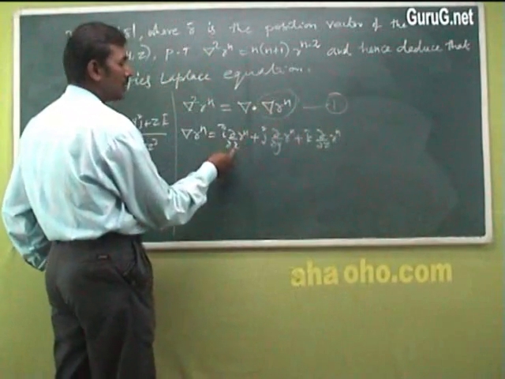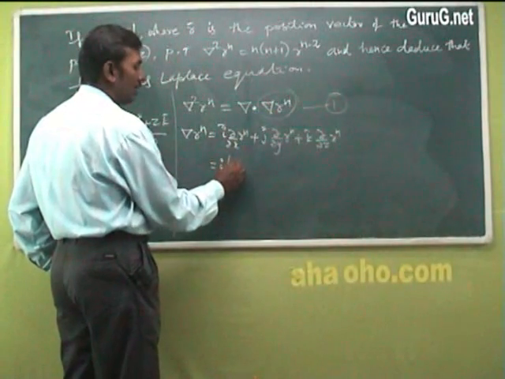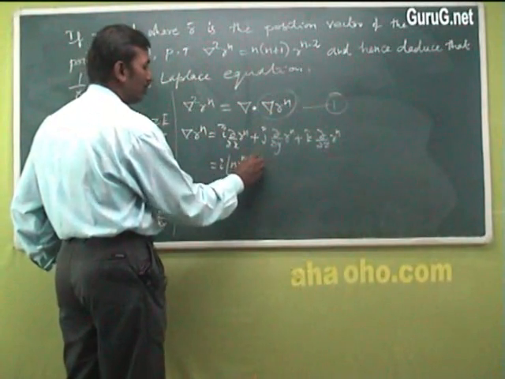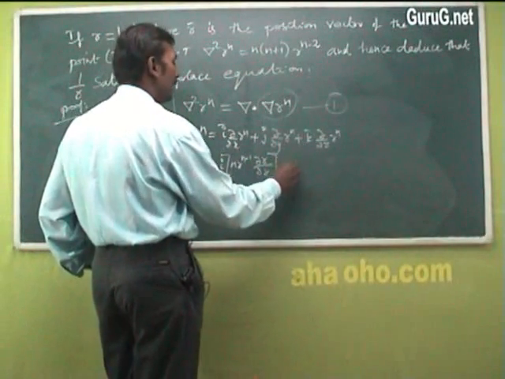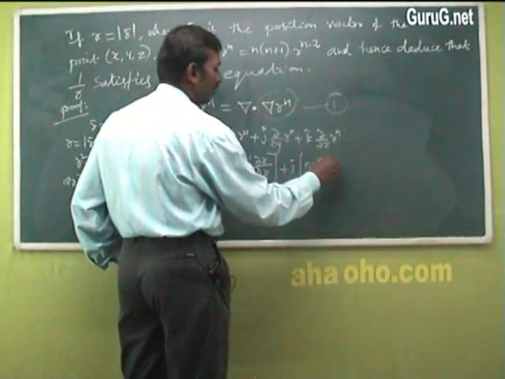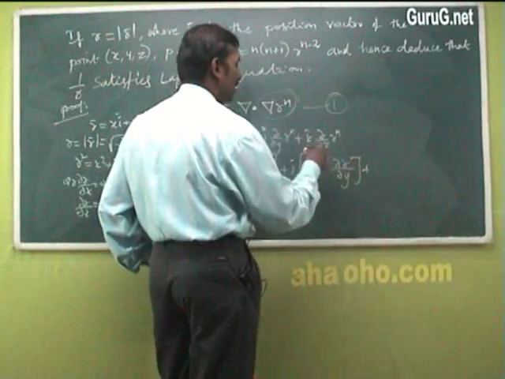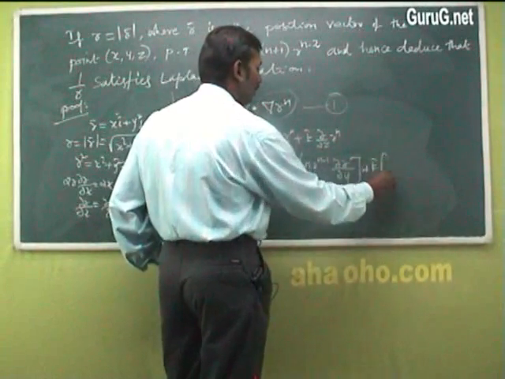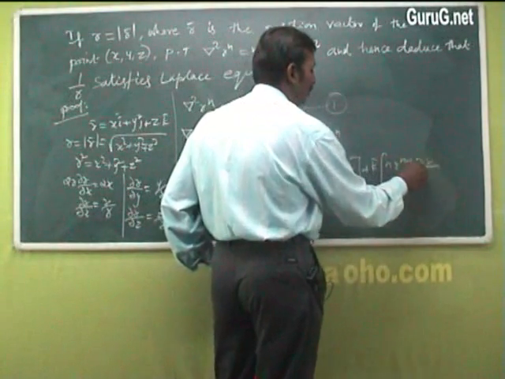So differentiate with respect to x: i into n into r power n minus 1 into dou r by dou x, plus j into n into r power n minus 1 dou r by dou y, then plus k vector into n into r power n minus 1 dou r by dou z.